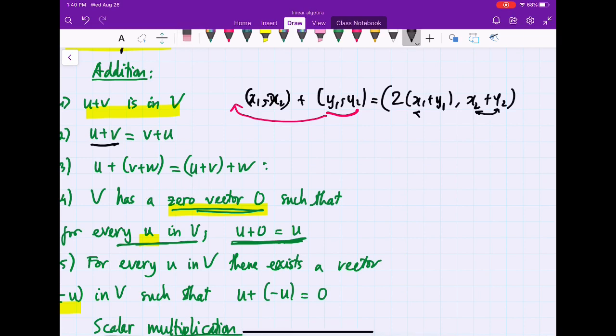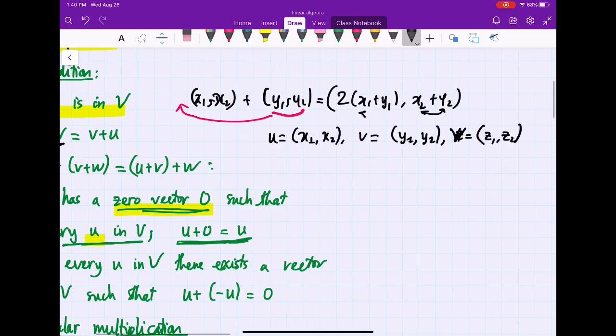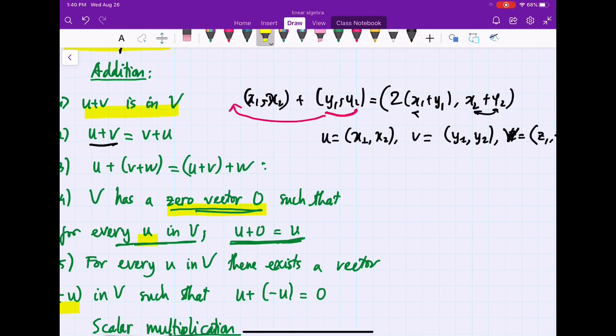Let's say u is (x1, x2), v is (y1, y2), and z is (z1, z2), and let's just compute the left hand side and the right hand side parts.